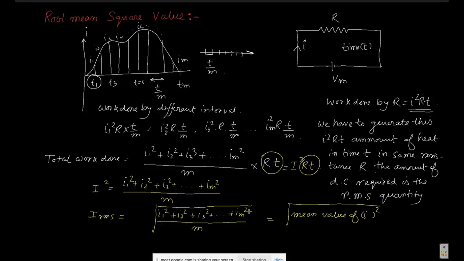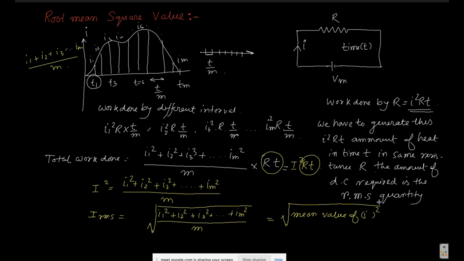So this is nothing but the mean value of I square. I1 plus I2 plus I3 plus dot dot dot Im by m would be the mean value of I, but here each and every part has a square, so this is the mean value of I square, and there is a root associated with it. That's why it is called root mean square. This is nothing but the physical interpretation of the root mean square value.